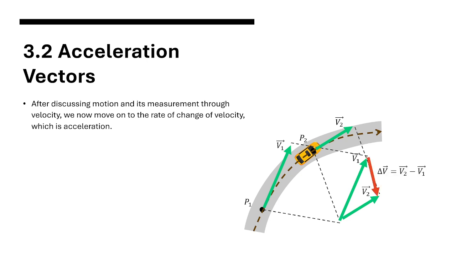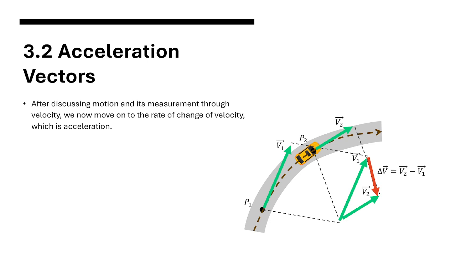So the change in velocity is equal to v2 minus v1. Why? Because when we're getting the change, we use the formula final minus the initial, regardless of the sign.